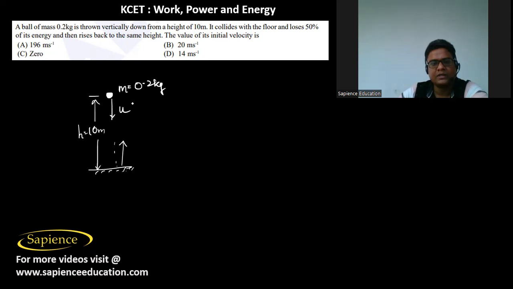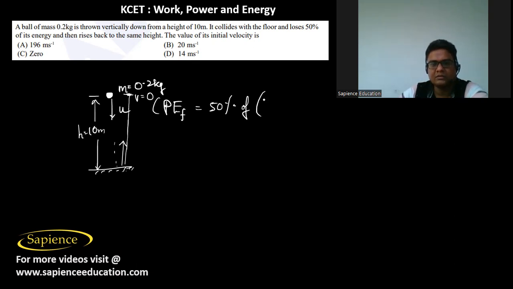So it loses 50% of its energy and then rises back to the same height. Finally when it rises back to the same height, at the highest point the final velocity will become 0. So finally there is gravitational potential energy only. So the final gravitational potential energy is equal to 50% of the initial energy.